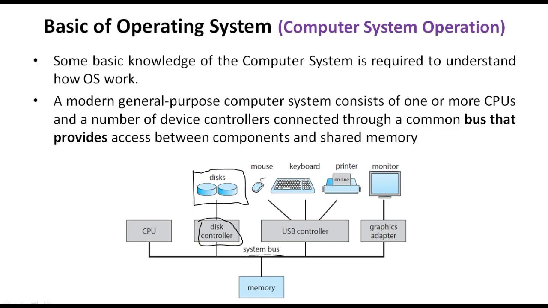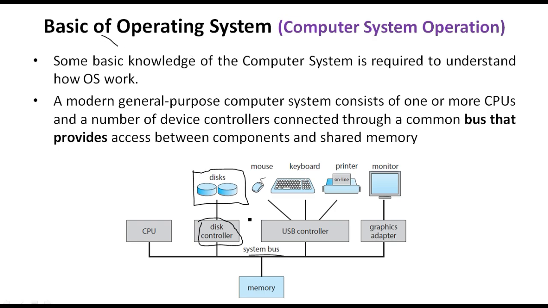So here all the devices, it might be USB controller devices, graphic adapter device, that is the monitor, or disk, that is the disk controller. All these controllers connect through a common bus, that is the system bus, which provides access to the components, and also the memory controller.